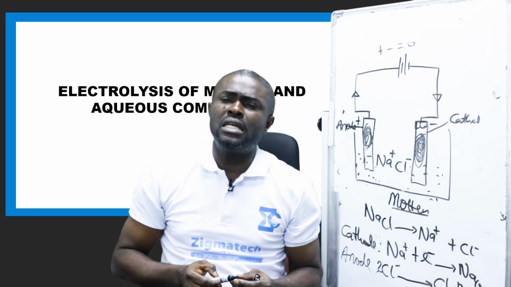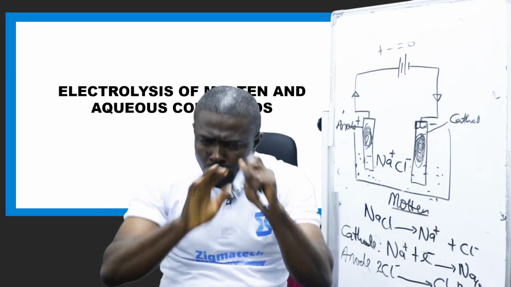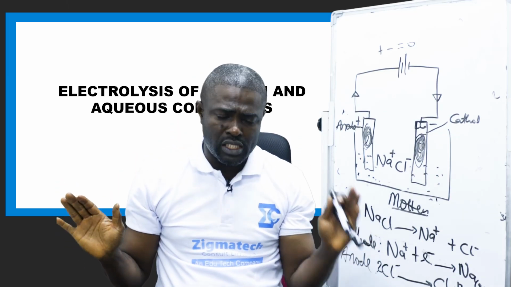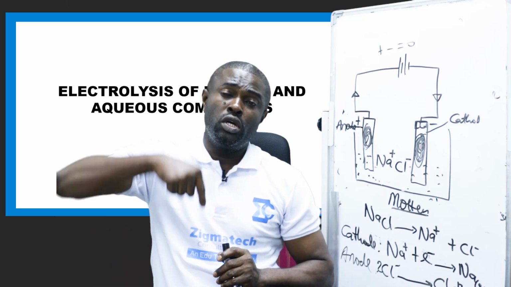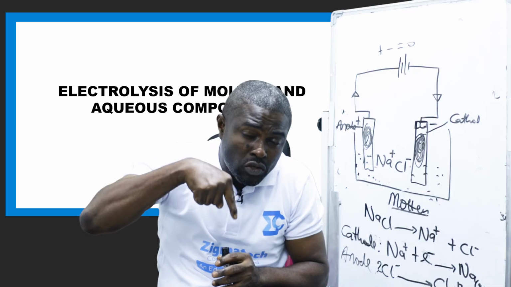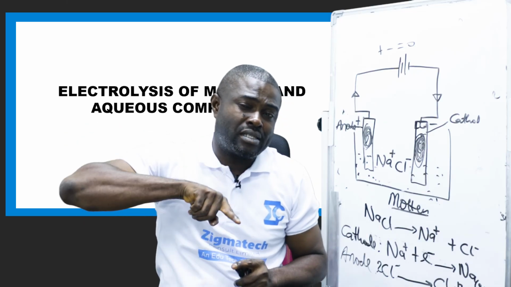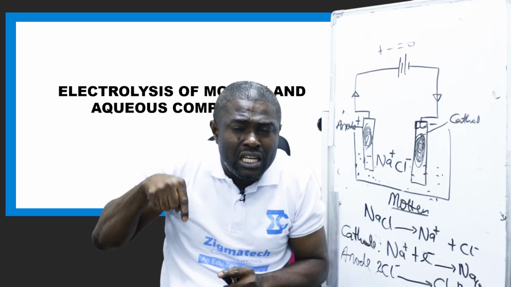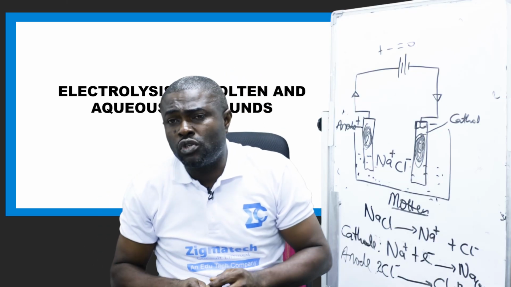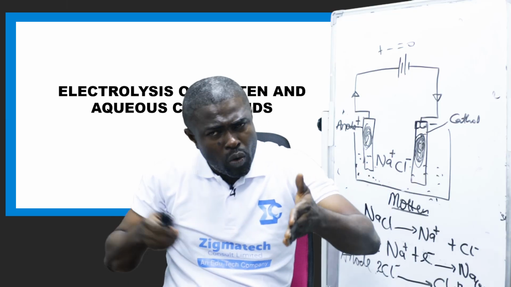The moment it is molten, 2 simple ions are produced, positive and negative. Then during the process, as the current is being passed through, the positive ions inside the electrolytic cell will migrate to the negative electrode, while the negative ion inside the electrolytic cell will migrate to the what? Anode, which is the what? Positive. Now what happens?